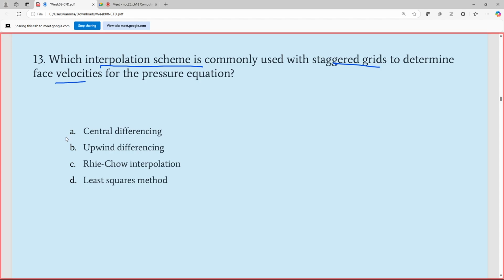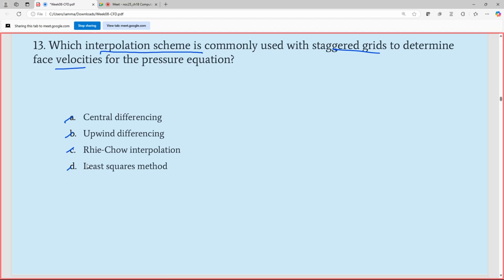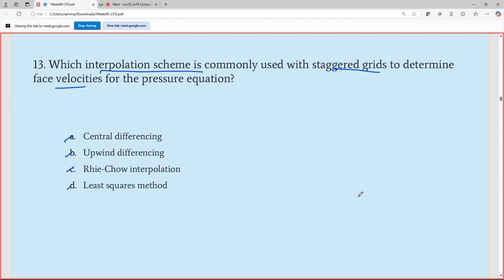Options are option A, central differencing, option B, upwind differencing, option C, Rhie-Chow interpolation, option D, least squares method. The question is asking which of the following methods is used to determine the phase velocities in staggered grids.